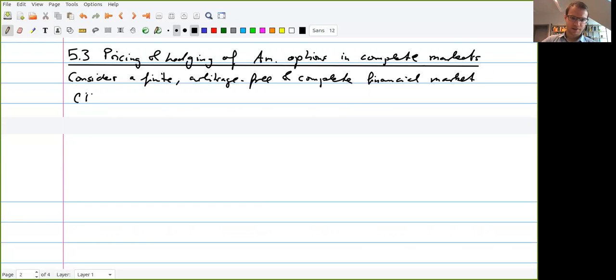So as usual, this is Black-Scholes, so we have a risk-free asset and a risky asset. So this is my B, a deterministic process.